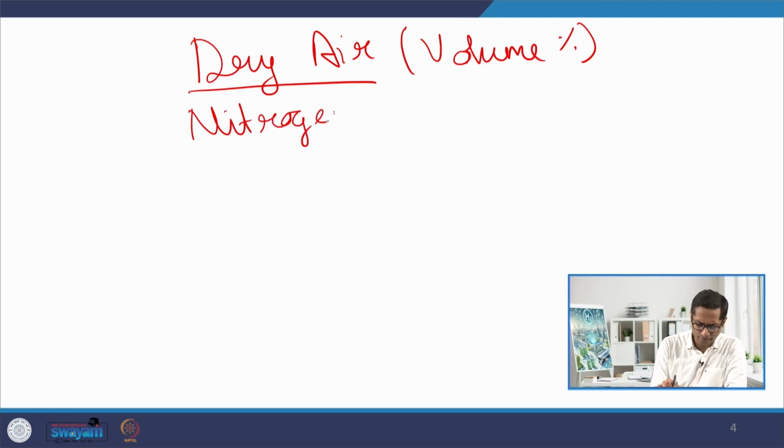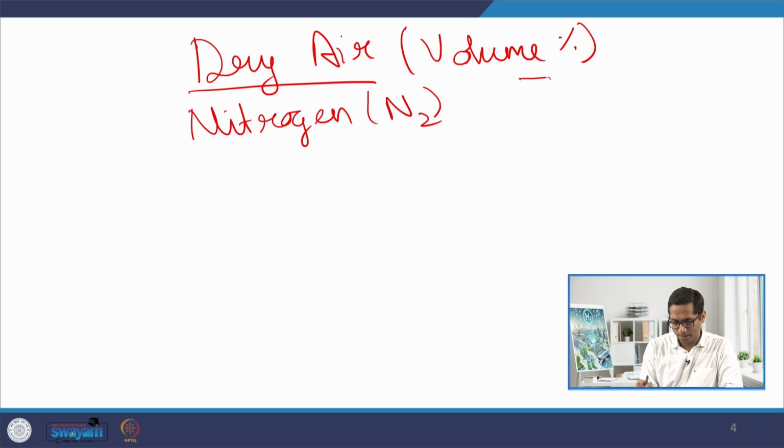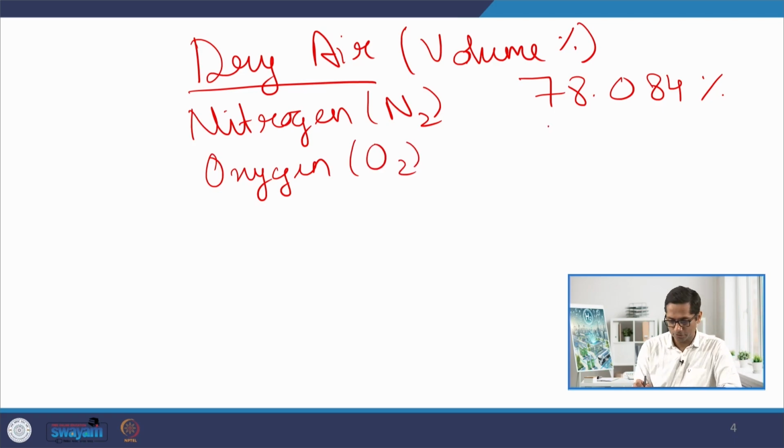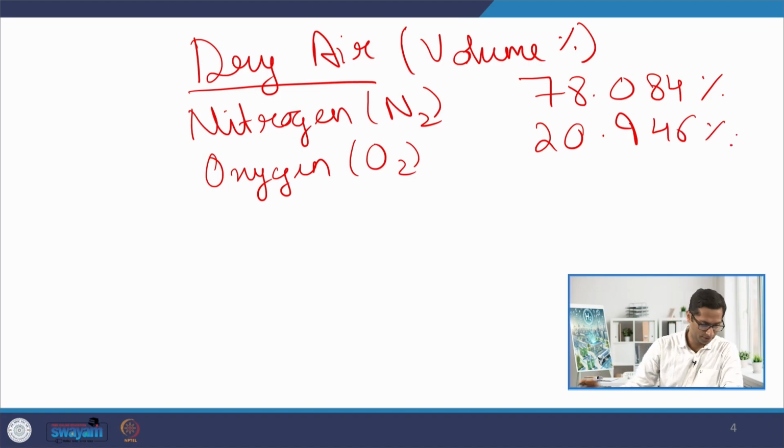It's basically an inert gas, not much of a problem, and the percentage on a volume basis is roughly 78.084%. Then comes oxygen, which is vital for our survival, and oxygen makes up roughly 20.946% on a volume basis of the atmosphere.